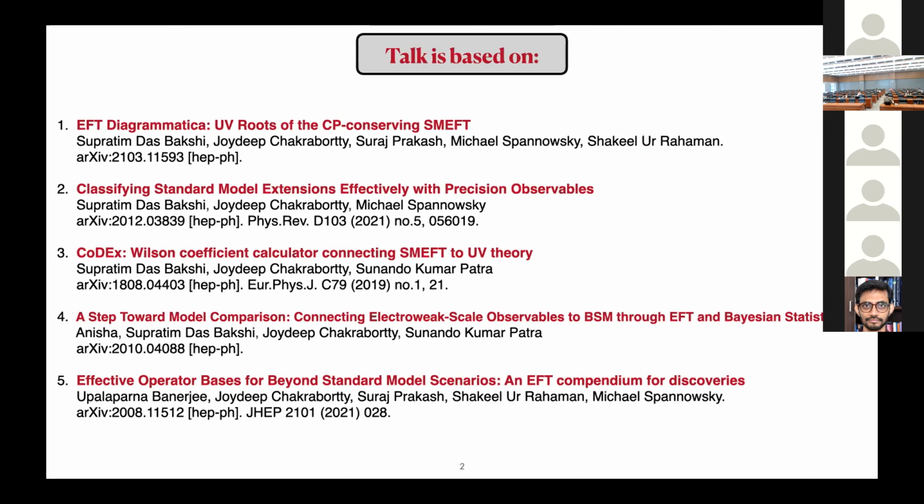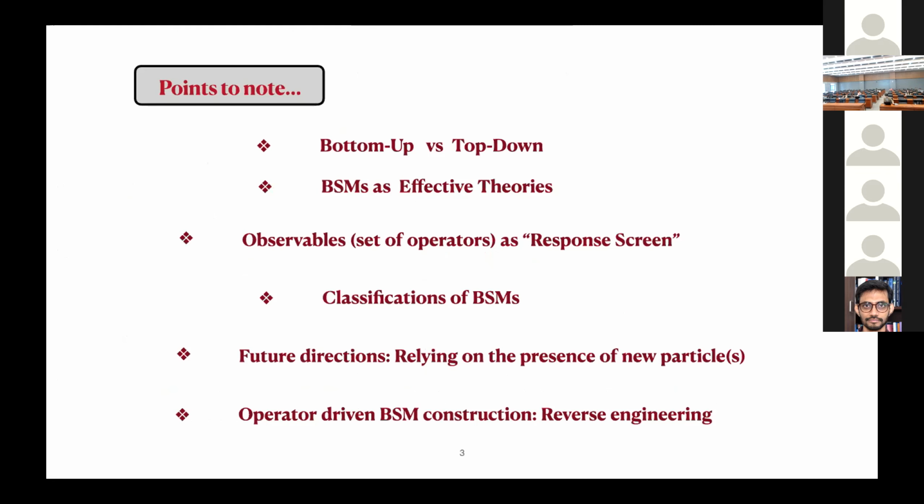First, I would like to discuss two different approaches to effective field theory, bottom up and top down, which is pretty well known to the community. But this will certainly set the stage for the aim of the discussion.